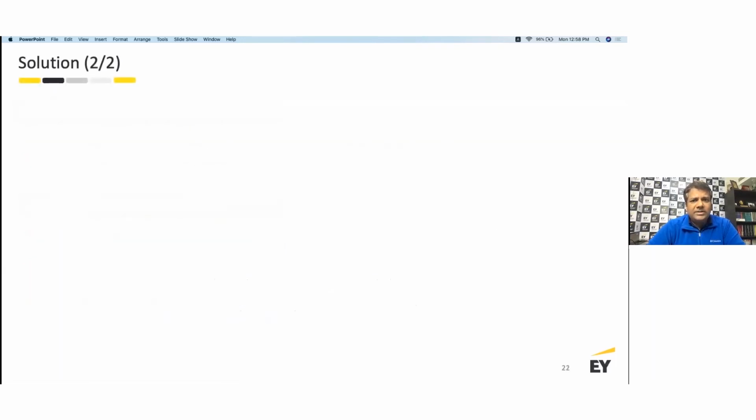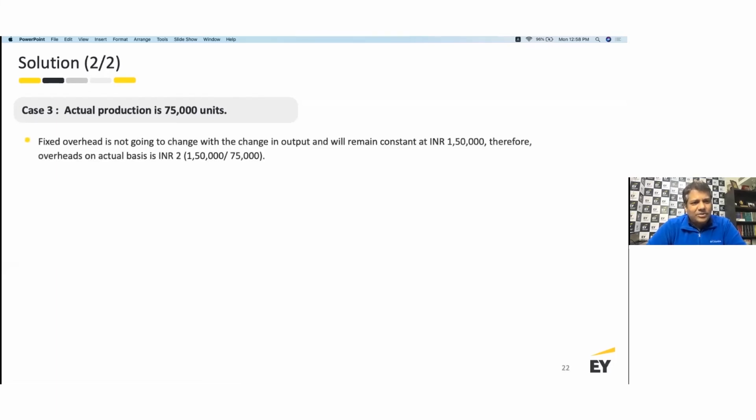Now when I look at situation 3, when the actual production is 75,000 units, you've done very well. For the period, your normal production is 50,000. You really stretched your plant, but your fixed overhead stays at 1,50,000. They're not going to change with the change in output, and they'll remain constant at INR 1,50,000. Therefore, overheads on actual basis is INR 2, and that is what you will apply here.